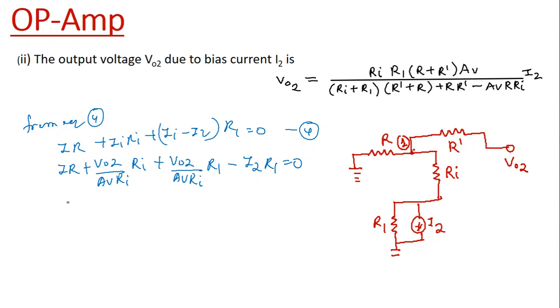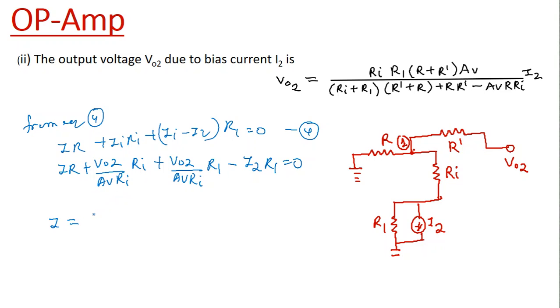So from this equation we find out I's value. So from this equation I will be equal to minus of this VO2, which will become minus when we shift there. We shift all the terms to the right hand side.